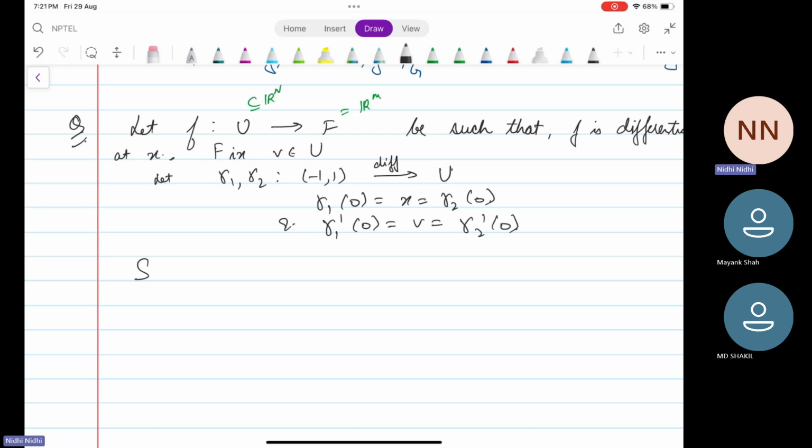Then show that (f composed with gamma 1) prime at 0 is equal to (f composed with gamma 2) prime at 0. You try it. I'll come back in 2 minutes. Here all you need to use is the chain rule. It's just an application of the chain rule.